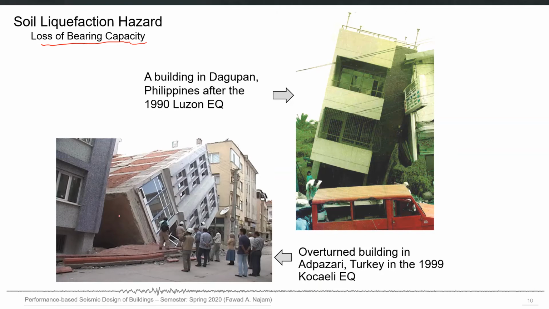So you can see here one example in Philippines in 1990 Luzon earthquake, that these structures, they just rotated, they just overturned. Similarly, in Turkey, this earthquake in 1999, this building just rotated or overturned. So the soil liquefaction hazard is also caused by earthquake events.